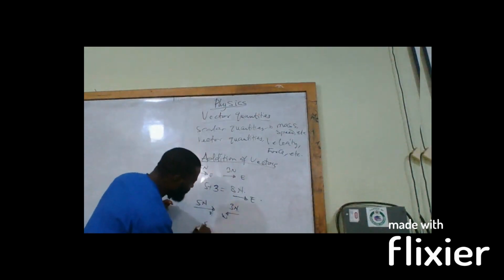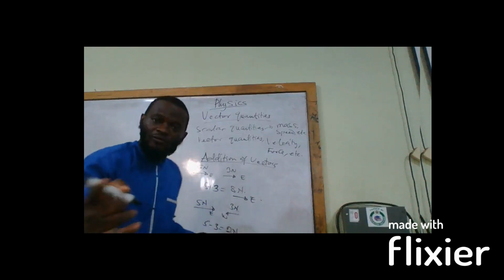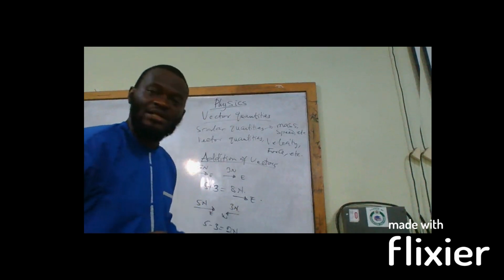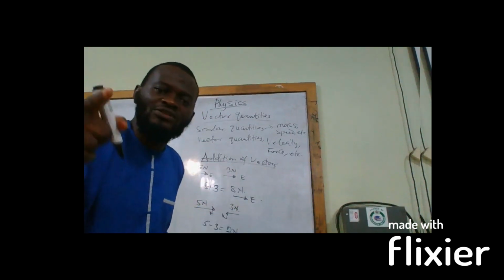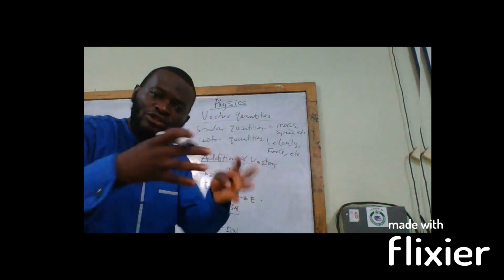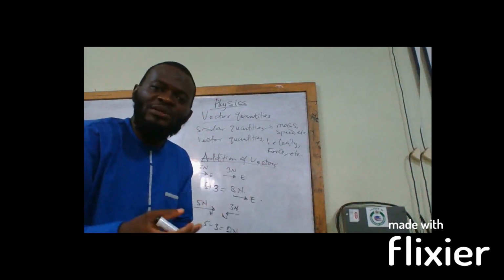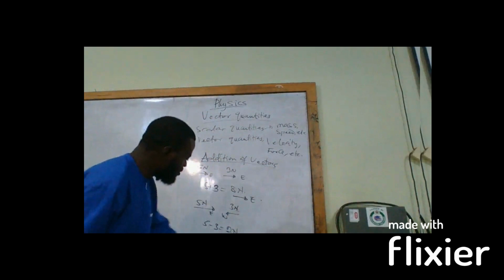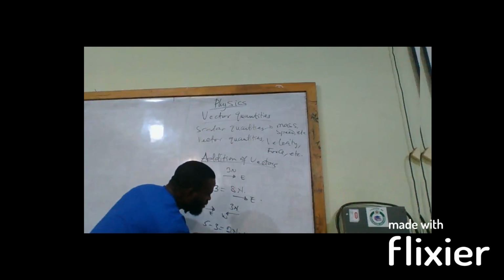So you have 5 minus 3, which is 2 Newton. But don't forget that the bigger force is acting towards the east. So the direction of the resultant, or the direction of the result of the addition, is going to be the direction of the bigger force, which is going to be what? 2 Newton towards the east.